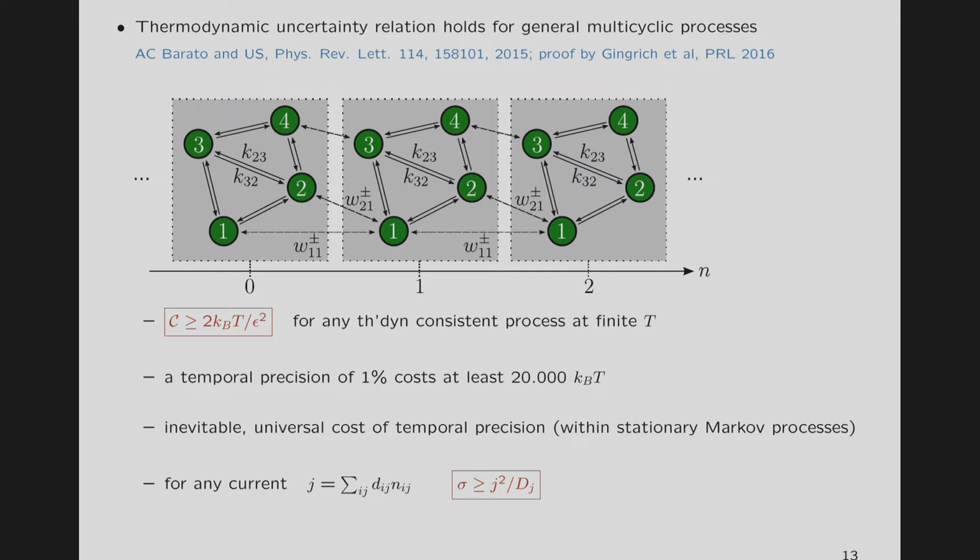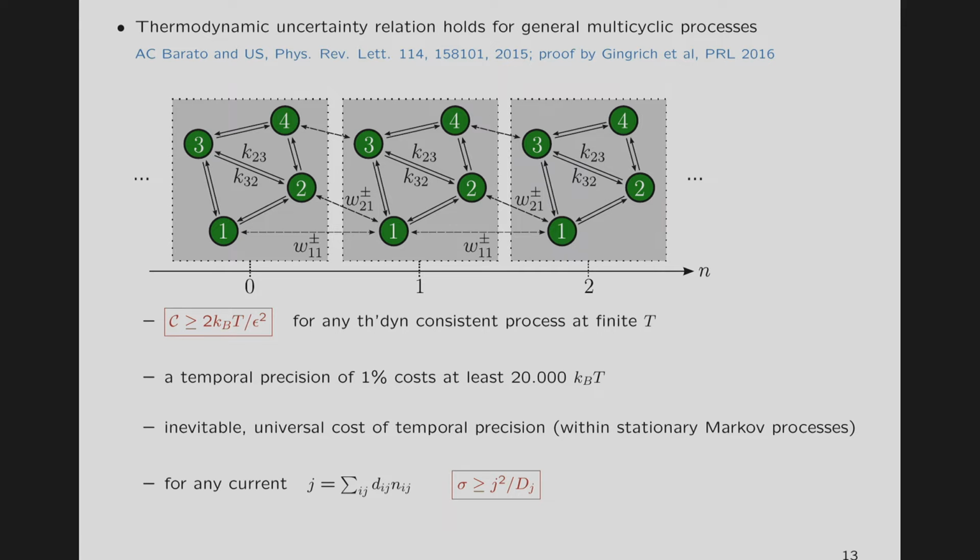You have one coordinate in the sense where the clock advances, and then the uncertainty relation tells you that this bound holds. So for instance, a temporal precision of 1% will cost you 20,000 kBT, and you can't beat that. Okay. By the way, I would like to have questions during the talk. Please interrupt.